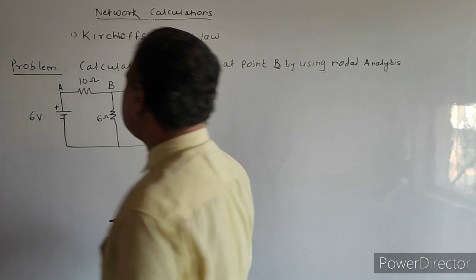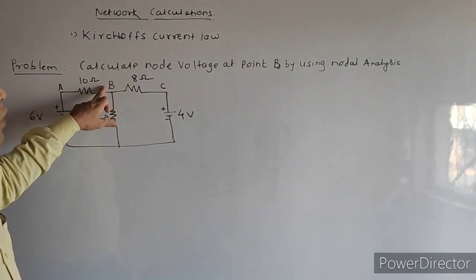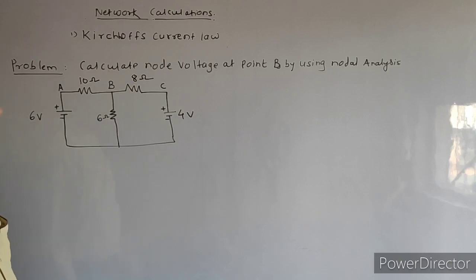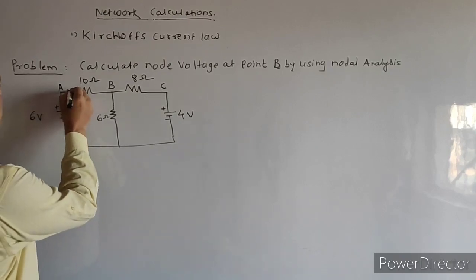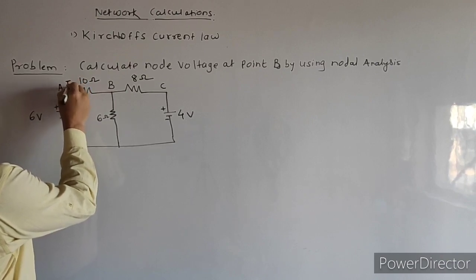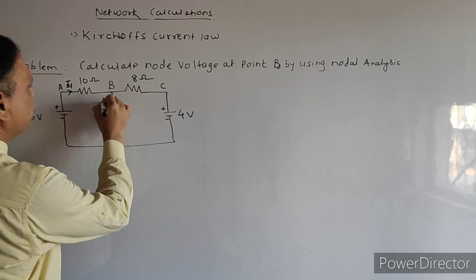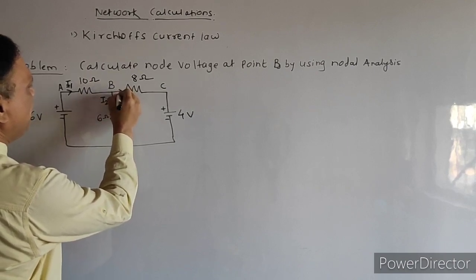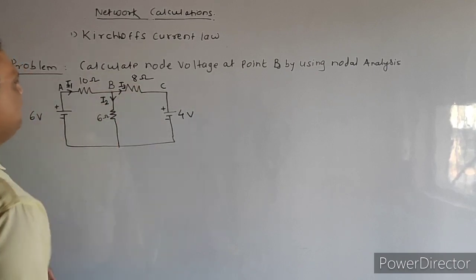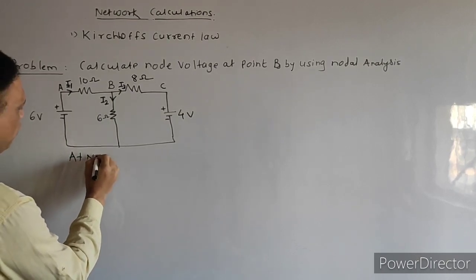Now let us see, it has been asked that we have to find the voltage at point B. So let us say this is the current, that is I1, which is passing through the network. Now here the current will come from here, and there will be a diversion of the current. Let us say this is I2 and let us say this is I3. Now at node B, what conclusion can we draw?